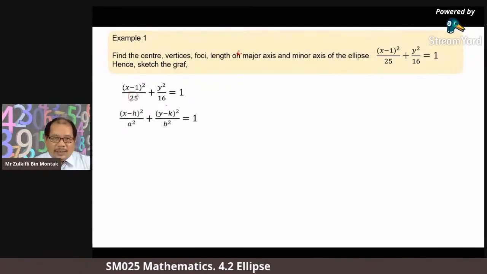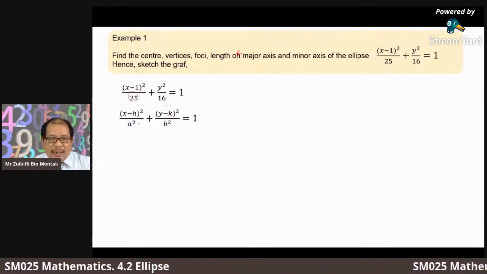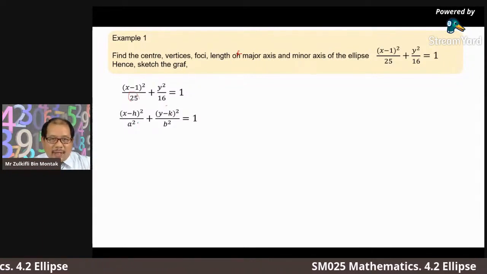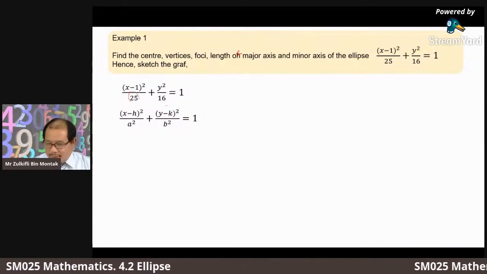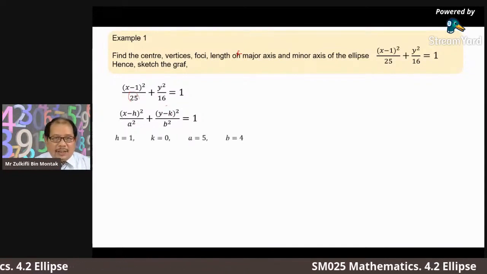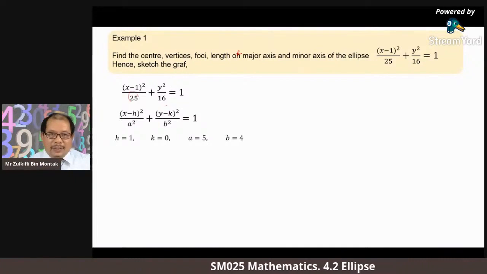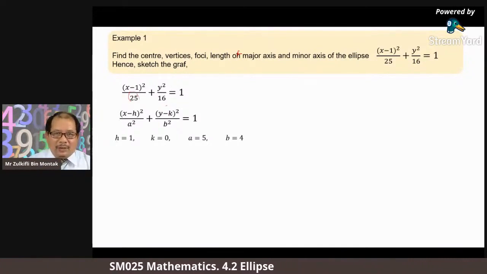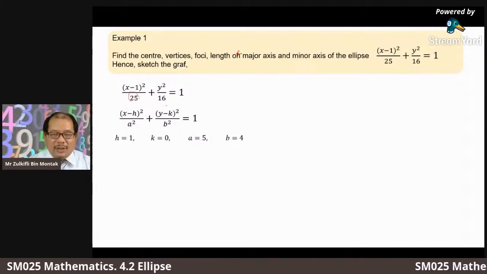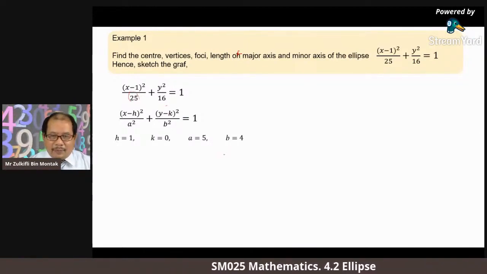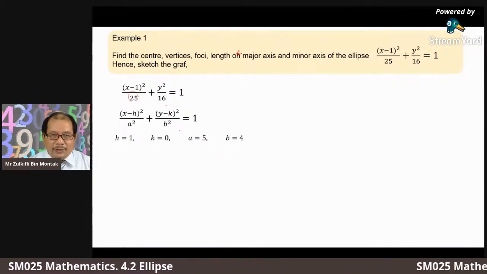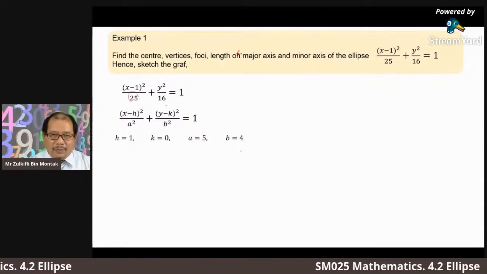If you compare with the formula for the ellipse, (x minus h) squared over a squared plus (y minus k) squared over b squared equals 1, we can determine that h equals 1, k equals 0, A equals 5 and B equals 4, because A squared equals 25, so A equals 5, and B squared equals 16, so B equals 4.